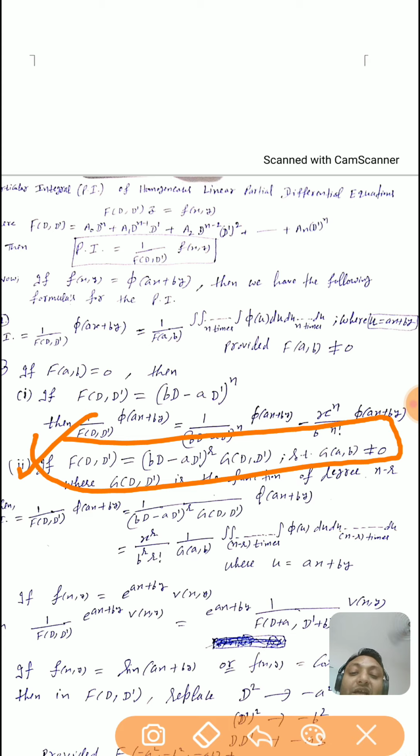So this implies g(D, D') is the function of degree n minus r.